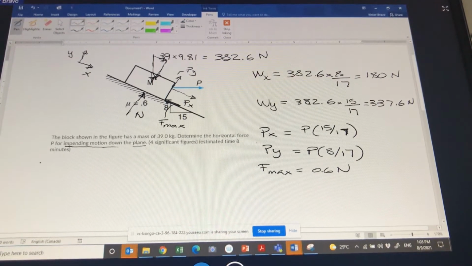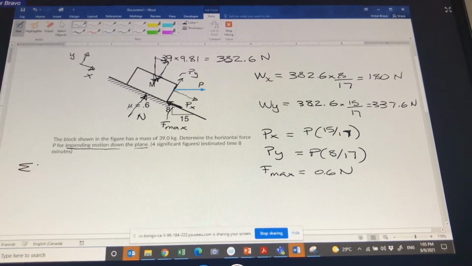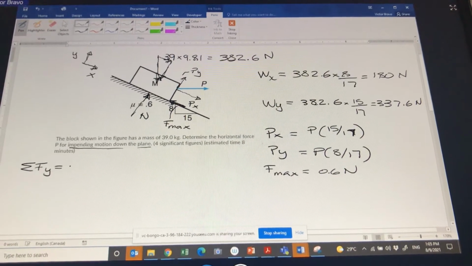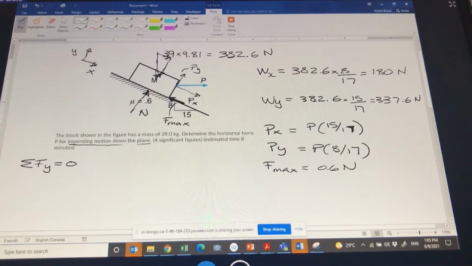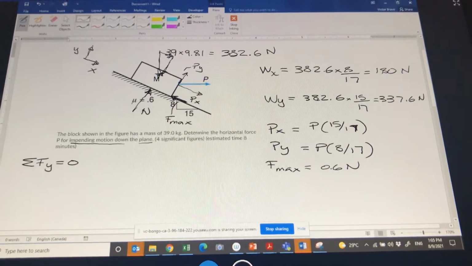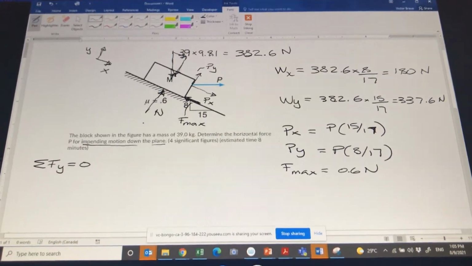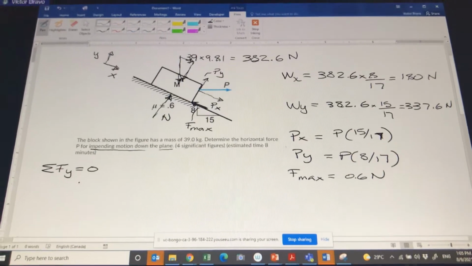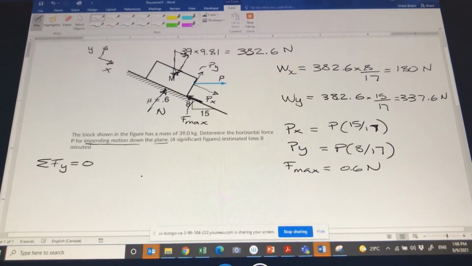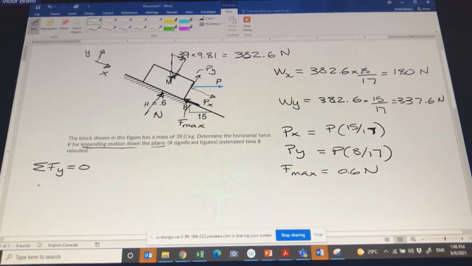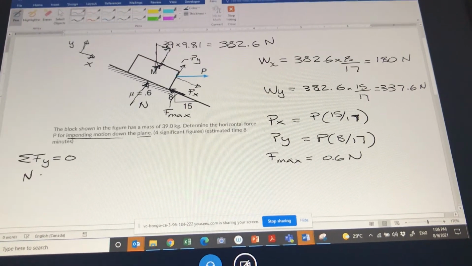Now, if you do the sum of forces in the y direction, being this tilted or inclined coordinate system, right? You have a number of forces here. The first one that I see is the normal force, which goes up.